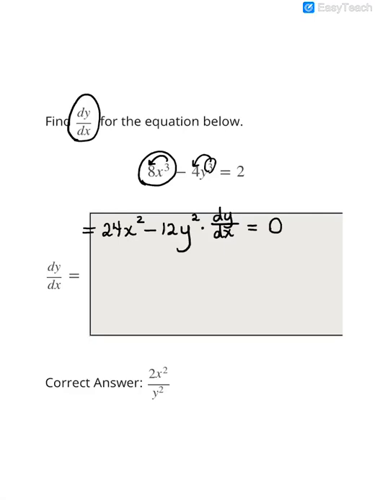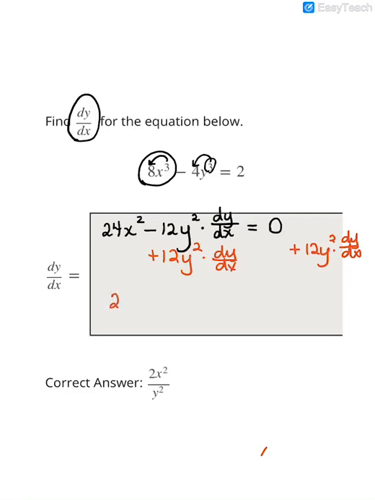Now, we don't need the equal sign there. You have to get the dy/dx by itself, so you're going to use your algebra to do that. What I'm going to do first is add the 12y squared times the dy/dx to both sides, so that I've got positive terms. You could have moved the other one as well, and then you would just have negatives.